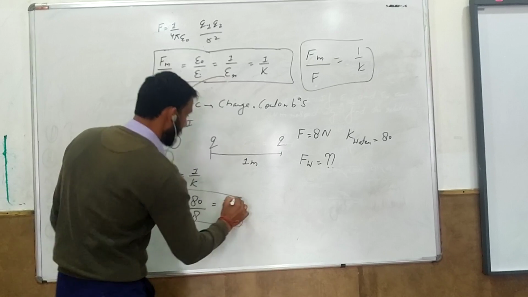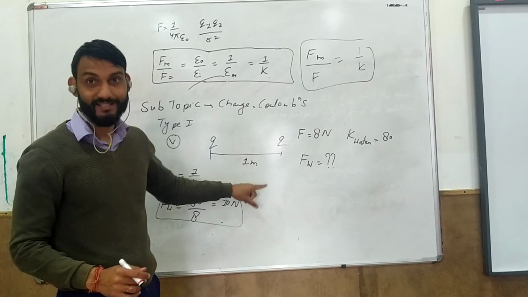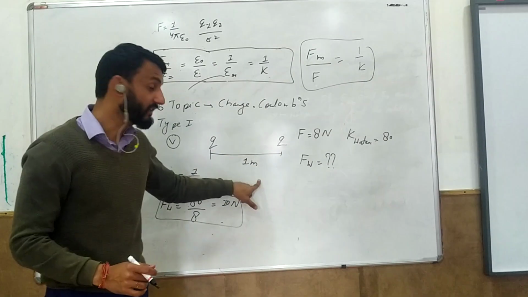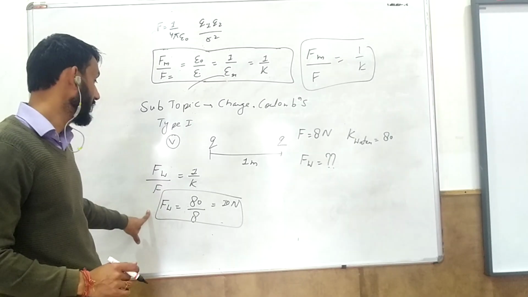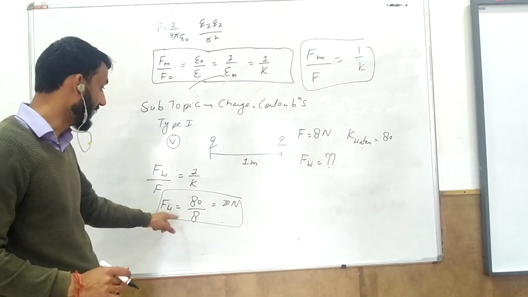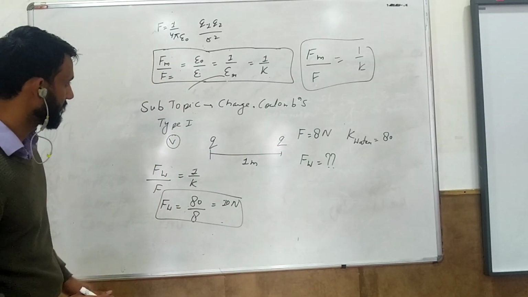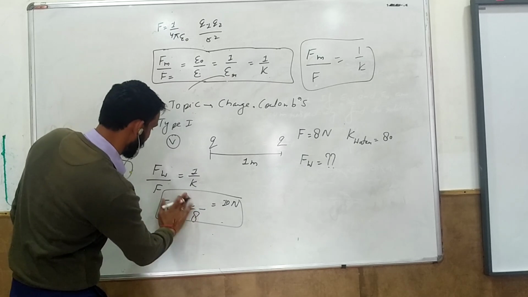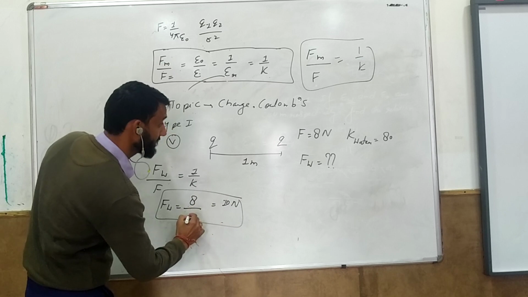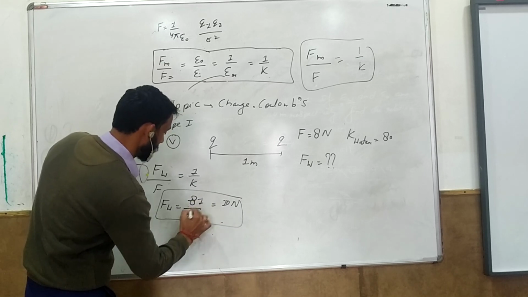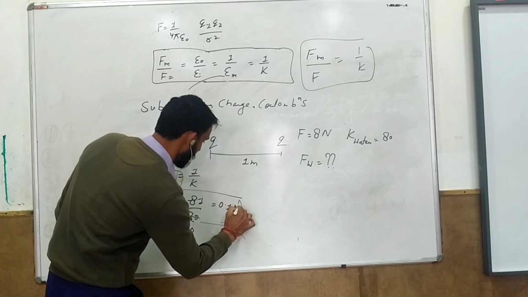So as you can see, when the same two charges are kept at the same distance apart inside the water, the force has reduced. Okay, I have made a mistake here. This F is 8 and this K is 80. So it will be 1/10, that is 0.1 Newton.